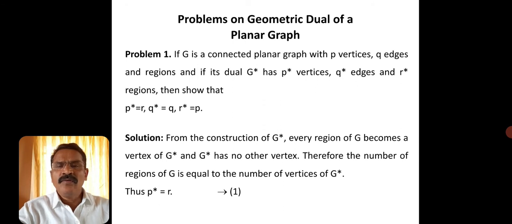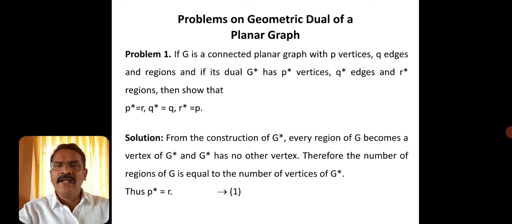So you already know how to construct the geometric dual. What we did: first we identified the faces of G because it is a plane graph. First you have to identify the faces, interior faces as well as one exterior face. You have to insert one vertex in each face.